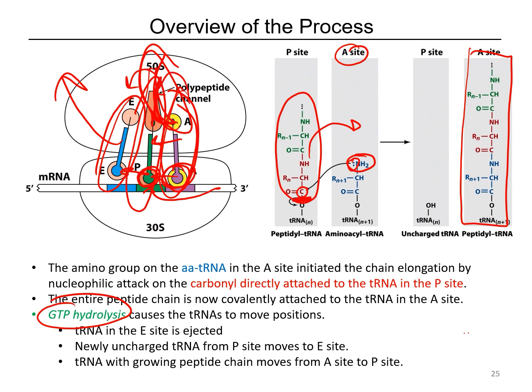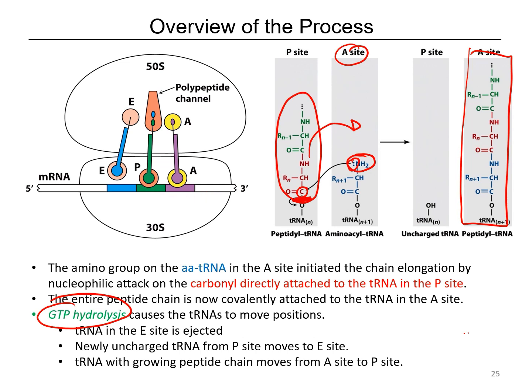Okay, and I realize there's a lot going on here, so let's try to reiterate that one more time. Upon GTP hydrolysis, this tRNA exits. This tRNA, which now is unloaded, moves over to the E site. It's now an uncharged tRNA. This tRNA that now has this amino acid and the rest of the amino acids moves over to the P site.